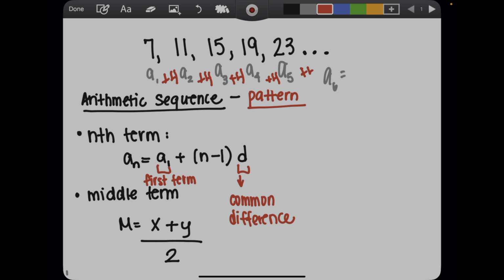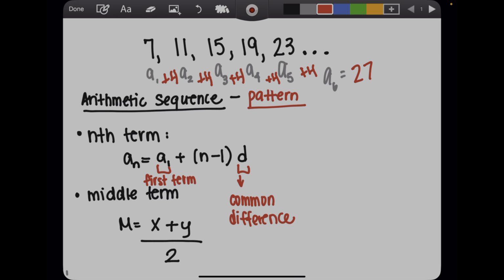So we can safely say that the sixth term in that sequence, a sub 6, is 27. Why? Because they all have what is called the common difference, which is, in this case, 4.